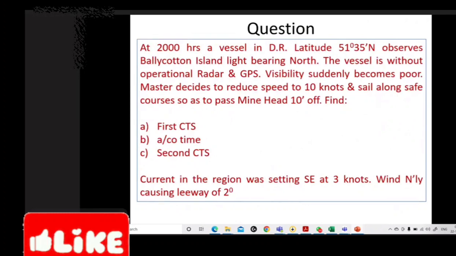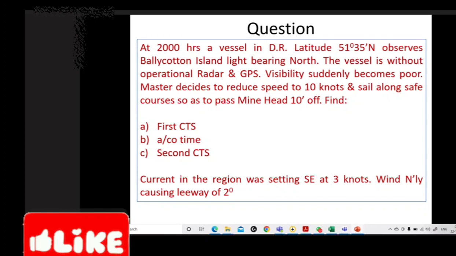At 2000 hours, a vessel in DR latitude 51 degrees 35 minutes north observes Ballycotton Island bearing north, so the bearing of Ballycotton is known. The vessel is without operational radar and GPS. Visibility suddenly becomes poor.